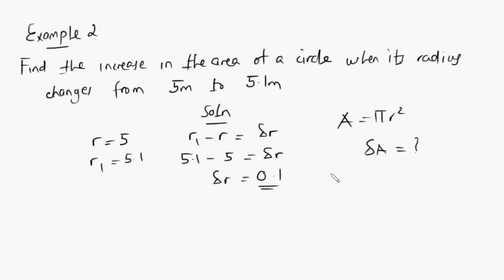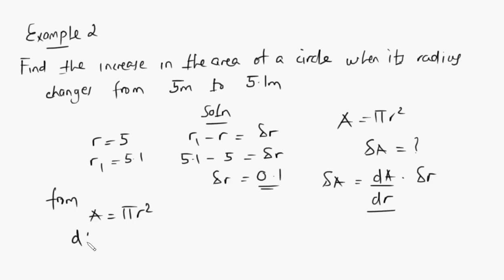I know the approximation formula: dA is going to be equal to the derivative of A with respect to r times dr. A is like y and r is like x. So let me find this. From A equals pi r squared, if I differentiate A with respect to r, pi is a constant, so I can take it out.